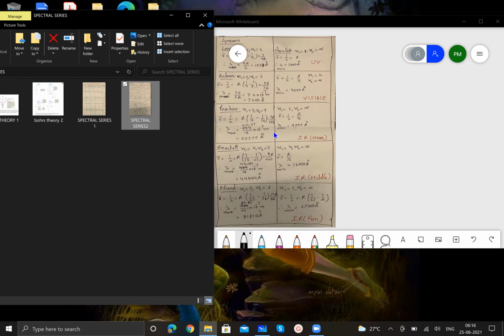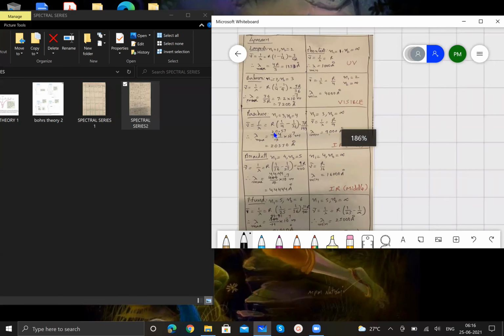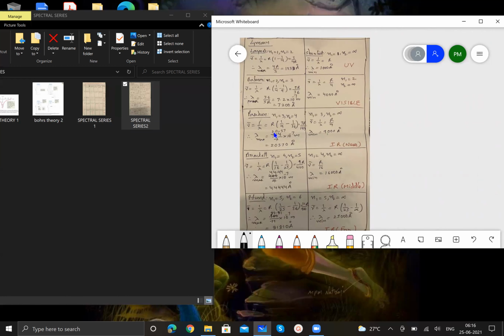Yes, this is how I made the calculations. I did all these things in yesterday's class. So we have shown how I calculate all these wavelengths, longest and shortest. Longest means between two neighboring orbitals, because the spacing is less, so the energy emitted will be less.